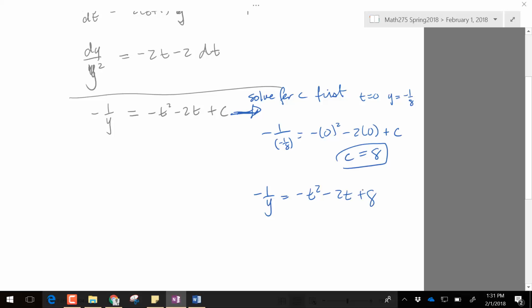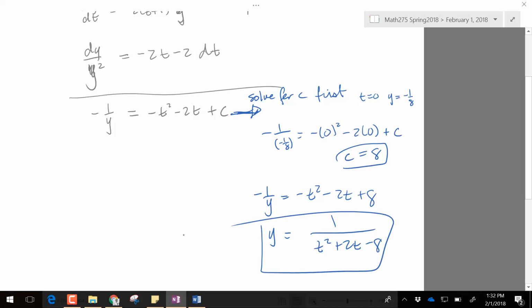And then we can solve for y. So what is this? You throw the negative sign on the other side, and then you take the reciprocal. So y is equal to 1 over t squared plus 2t minus 8. Now we have the particular solution for this IVP. Okay?